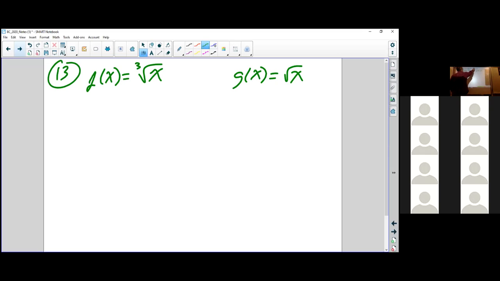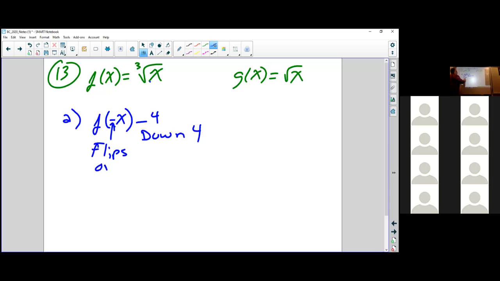For letter A, it says, what does f of negative x minus 4 do? So this goes down 4. And if I plug a negative in here, this negative flips it over the y-axis. Some people might call it a vertical or a horizontal flip.